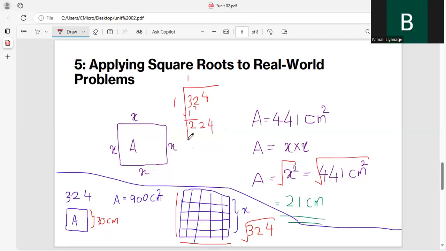We double the number 2, 2 into 1, 22. It's fine. 22 is 44. 2 into what? Find the number. Should be 8.